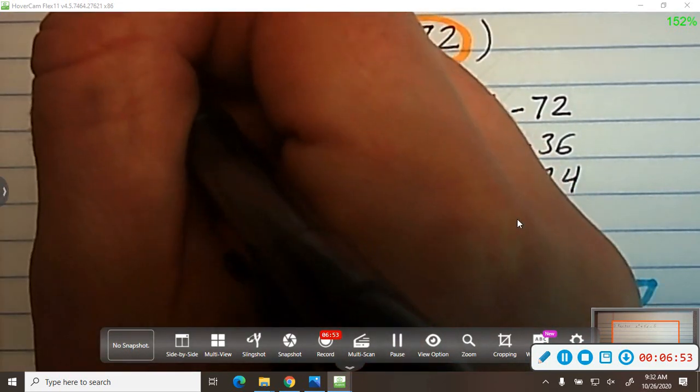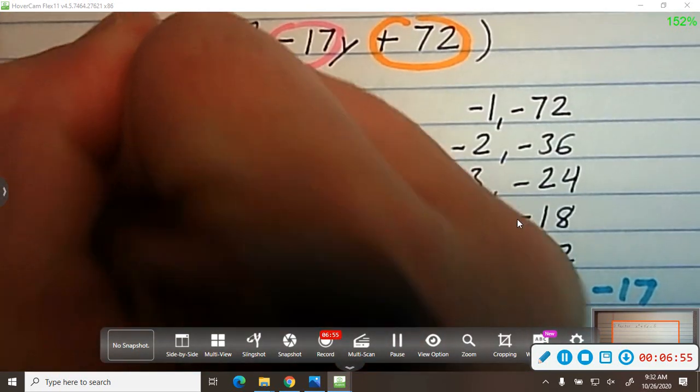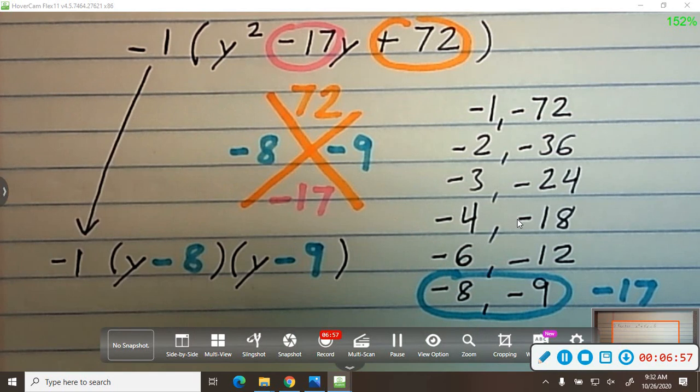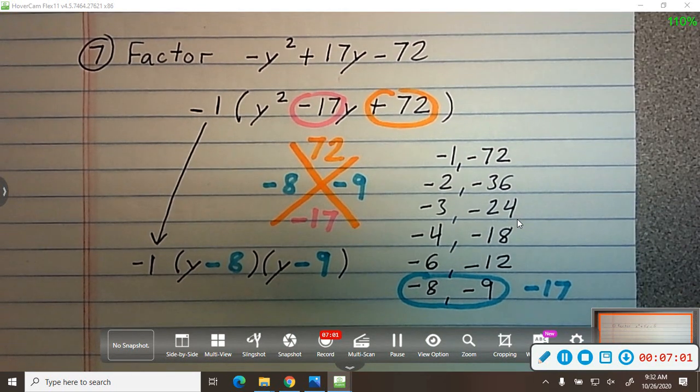And then I'll pull down my negative. So looking at this, I have just now factored this into this. To check your work, you could distribute this out. I'll show you a different way. You could actually use Desmos to check your work, and I will show you that.